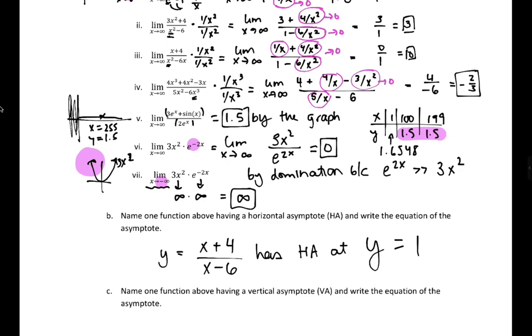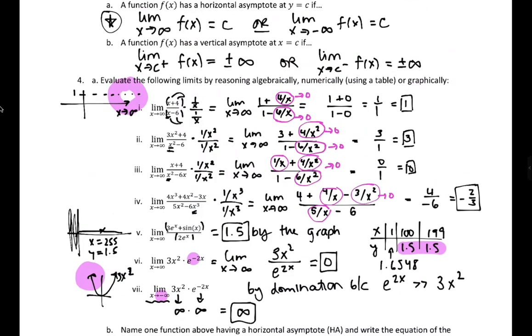And for part C, we're asked if any of these have a vertical asymptote, but for a vertical asymptote we would need x to be approaching a number and y to be approaching infinity. But if we look at every single problem statement, x is always approaching infinity or negative infinity. So we don't really know from the computations we did which of these have vertical asymptotes.